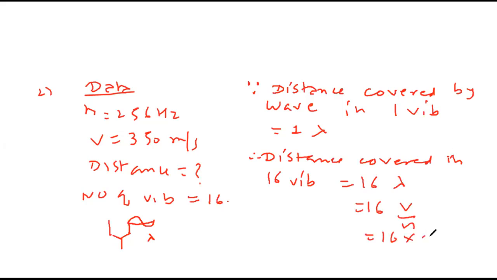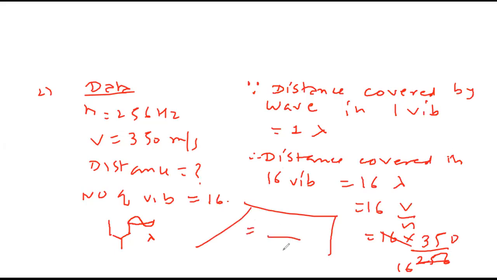V is 350 upon 256, and 16 into 16 is 256. So 2 into 8 is 16, and 2 into 175 is 350. 8 into 16, remainder 1, 15.